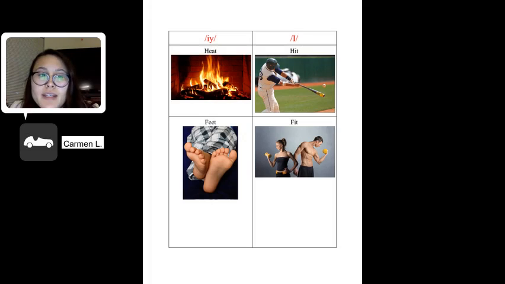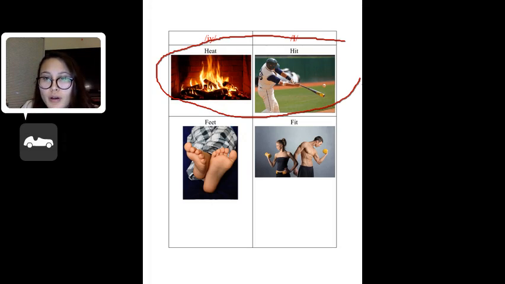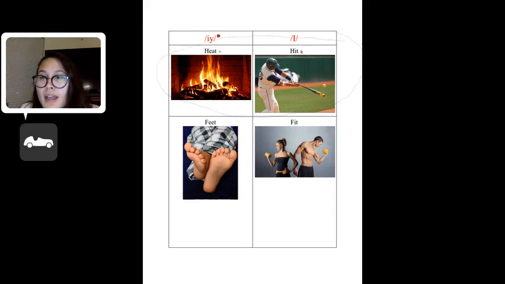Now look at these set of words. Each row has two words that are very similar. The only difference is the sound E and I. So repeat after me.